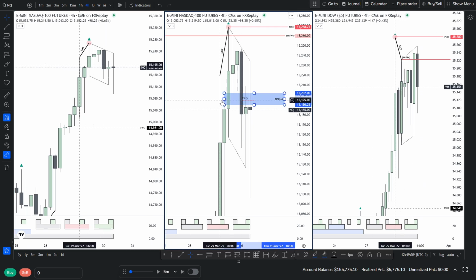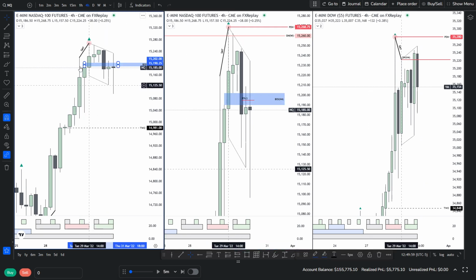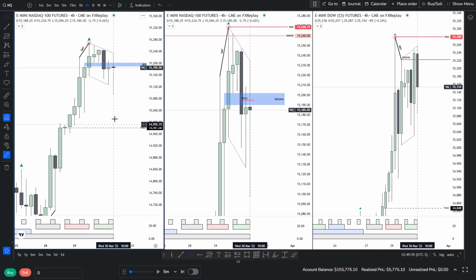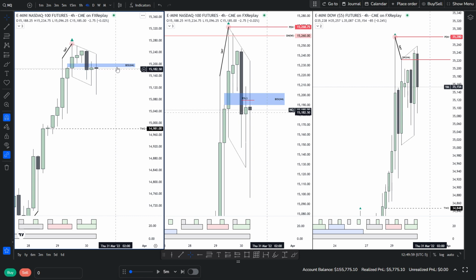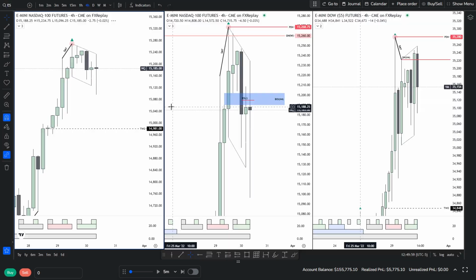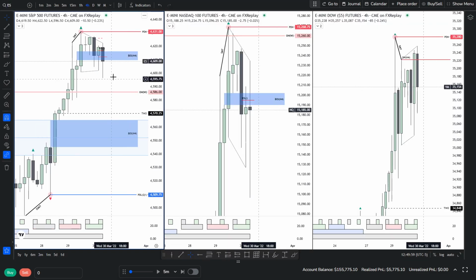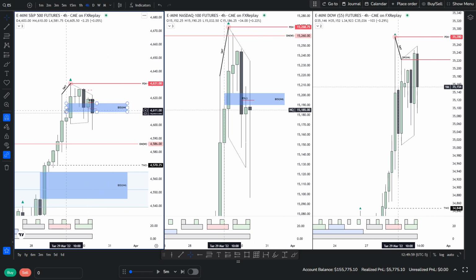So if we just very quickly, before we move on to the next day, look at this level here, this imbalance, we can see how we were finding support at the imbalance, and we assumed the SMT here, which in the end we can safely say was invalid.